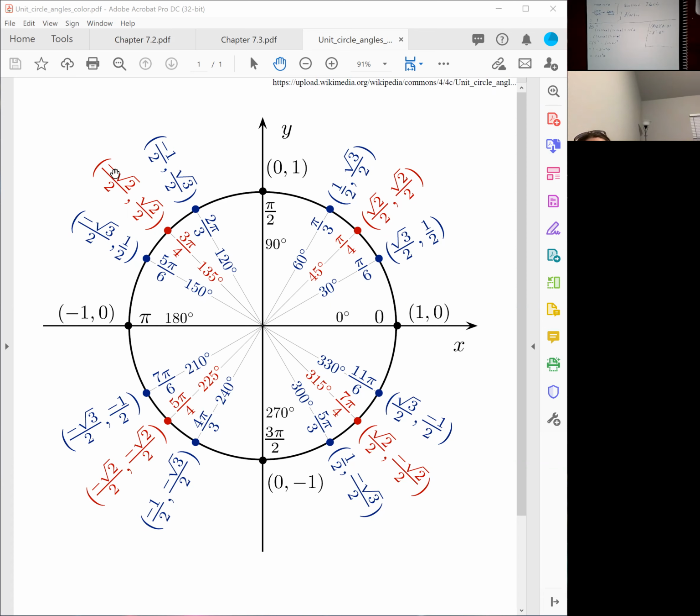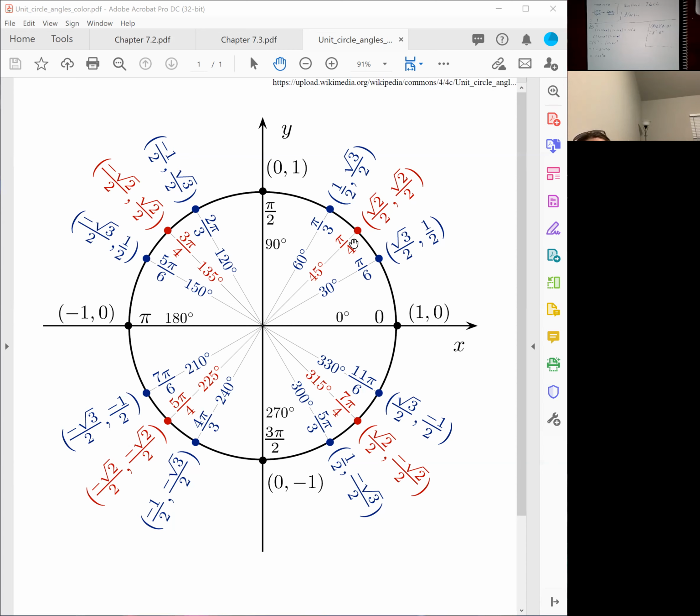Although over here you have a negative and a plus, meaning the tangent of this angle would be negative. Tangent of this would be negative. Tangent of this is positive because they're both positive. Tangent of these two, right? Because the quotient would be sine over cosine. Since you're dividing two negatives, they would also be positive. So these right here are positive.